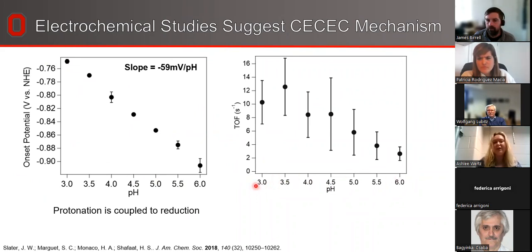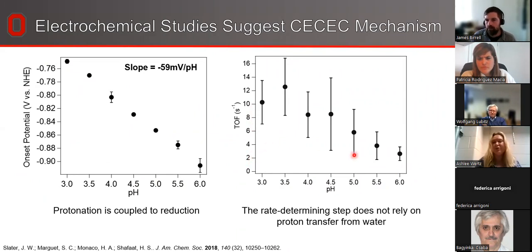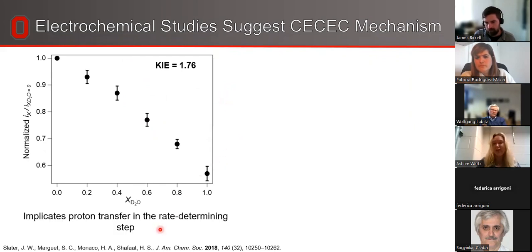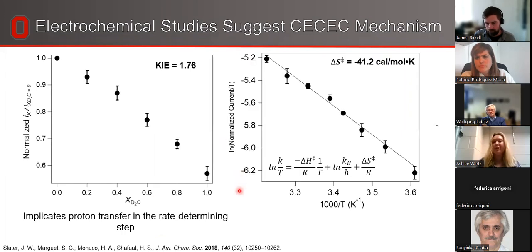In the pH values ranging from 3 to 6, we only saw a little bit of loss of activity. This indicates that the rate determining step does not rely on proton transfer from water. We saw a small but normal kinetic isotope effect, which implicates that proton transfer is involved in the rate determining step. And then doing variable temperature studies, we see a negative entropy of activation, which indicates an ordered transition state.